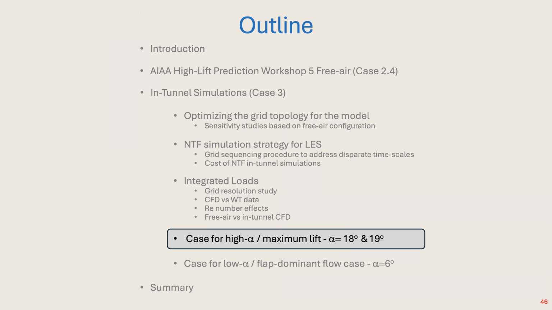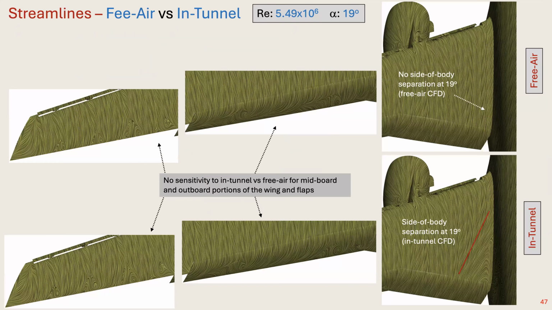Then I'm going to go very quickly on the high alpha cases. For Reynolds number 5.4 at alpha 19, there is basically inboard separation and no side body separation for free air CFD, but there is a side body separation on internal CFD.